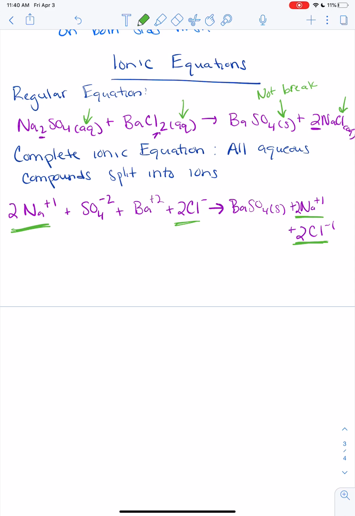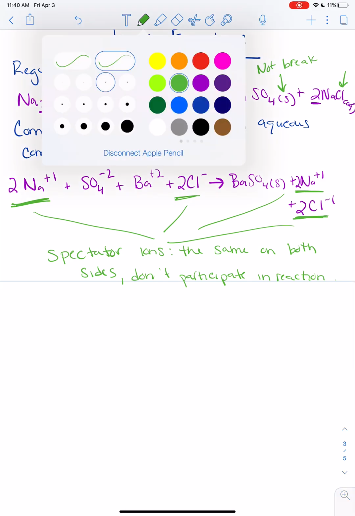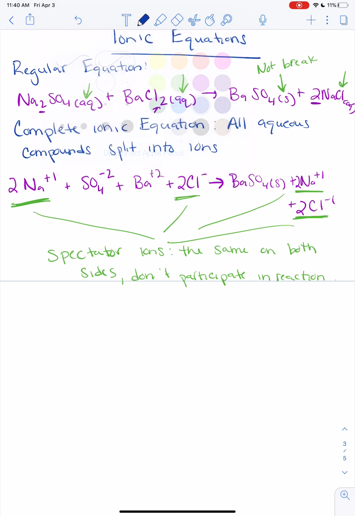Okay, and these are what we call spectator ions, because they are the same on both sides. So that means they don't really participate in the reaction. And because of this, we can write something called a net ionic equation.